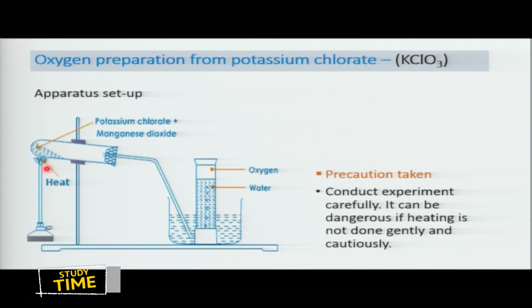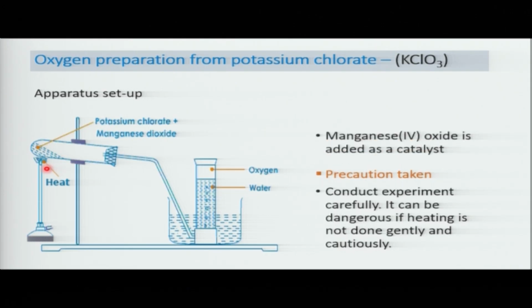So what happens is, as you mix potassium chlorate with manganese dioxide as a catalyst and you heat, the gas will come out. Why do we add this catalyst? When you heat potassium chlorate, the reaction is slower, not very fast. So we need to add a catalyst to make it faster.